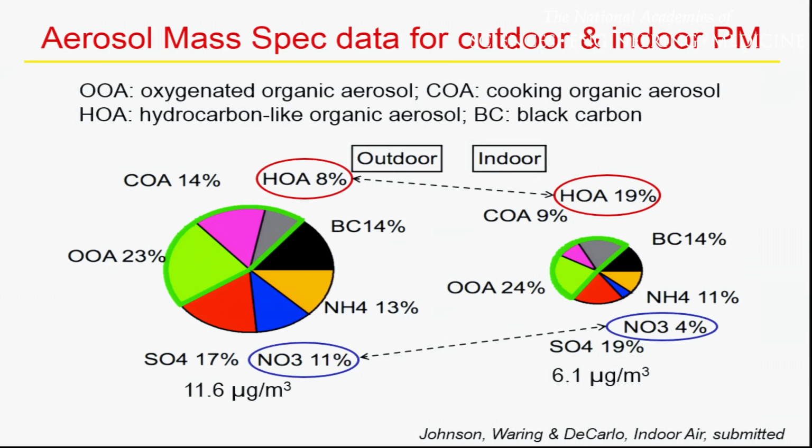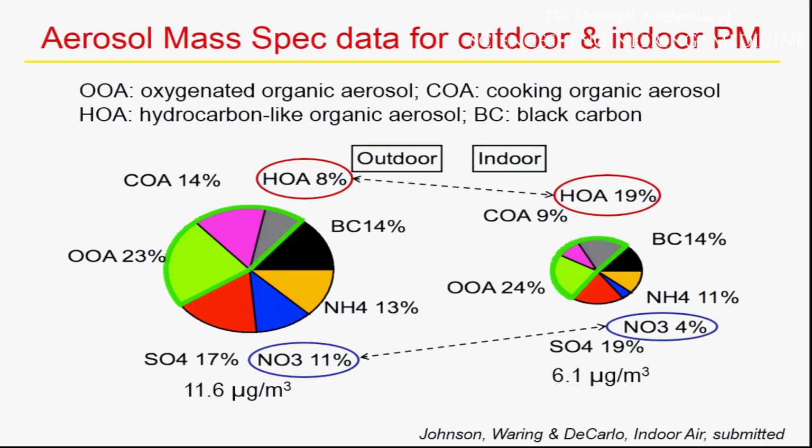We see the HOA goes from 8% outdoors to almost 20% indoors. It more than doubles. Now, some of this reflects indoor particles that are rich in organic aerosols and generated indoors. But a large part of this increase in the HOA is due to partitioning.